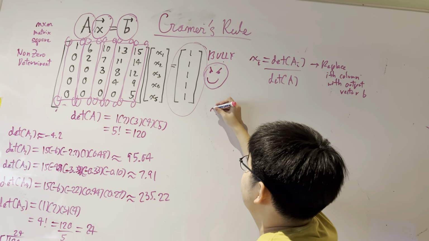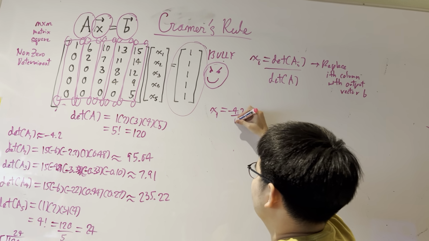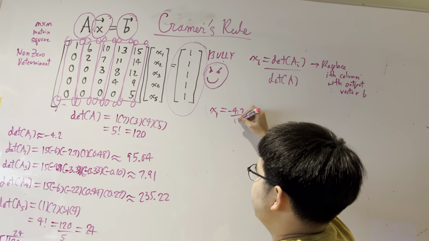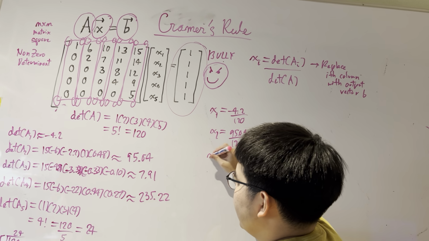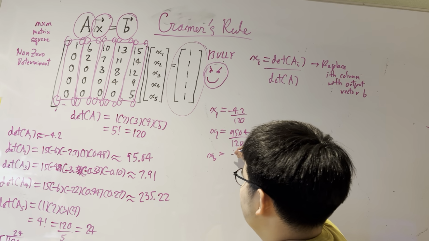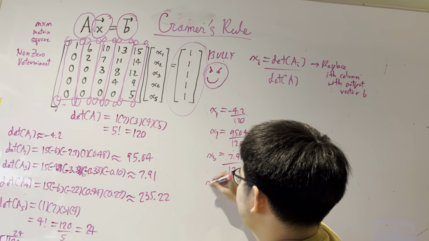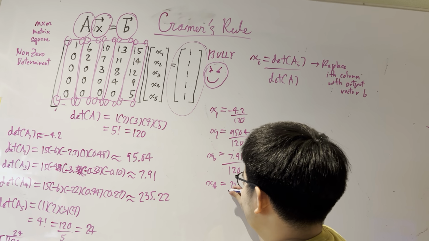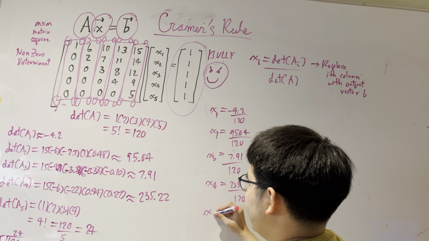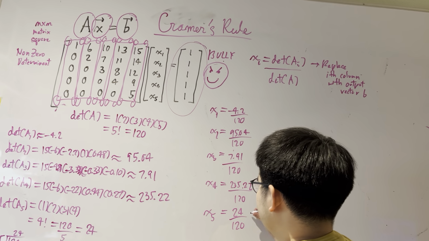And so x1 will be negative 4.2 over 120. x2 equals 95.04 divided by 120. x3 equals 7.91 divided by 120. x4 equals 235.22 out of 120. And x5 equals 24 out of 120.